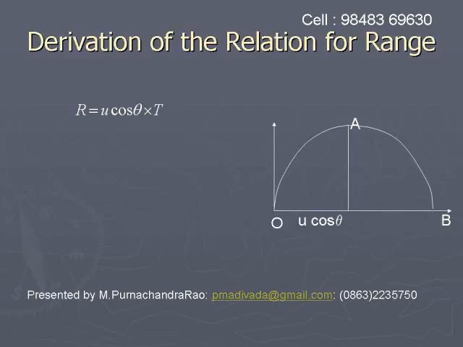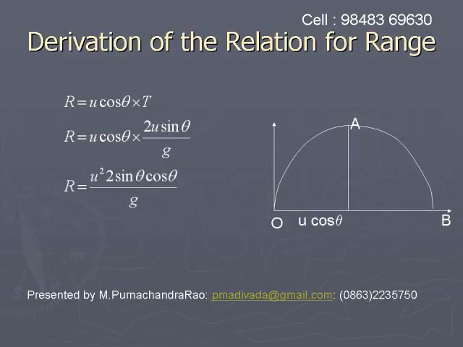Range R is equal to u cos theta into t. But t is 2u sin theta by g. Therefore, R is equal to u cos theta into 2u sin theta by g. R is equal to u square into 2 sin theta cos theta by g.